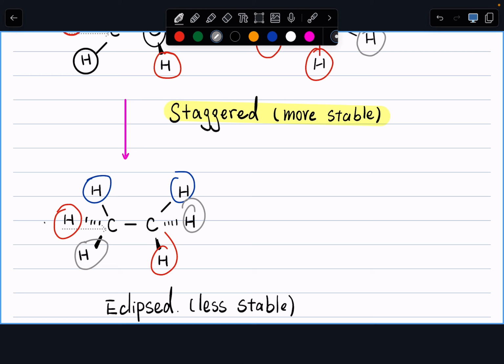And then, what does that look like if we put it in the Newman projection? Well, they're on top of each other. It's the same way, right? When we're drawing the circle, we start from the circle. So that's my front carbon. Let's say we're looking through this bond again.